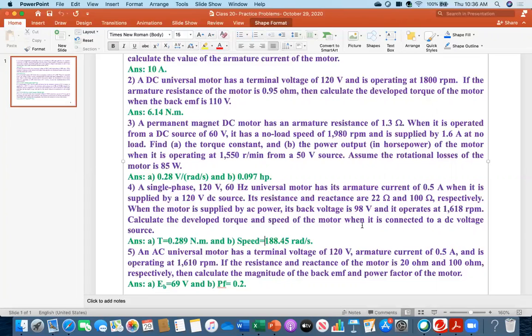For number 4, you need to calculate the back voltage for DC. Because that is DC, the inductance will be short circuited. So you only have to use the 22 ohm resistance value. And the armature current is that same 0.5 ampere.